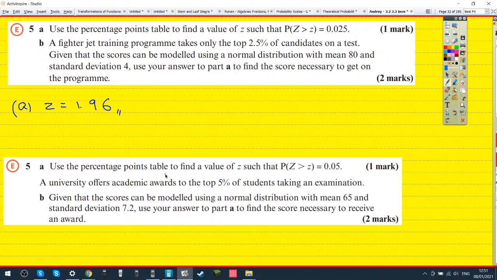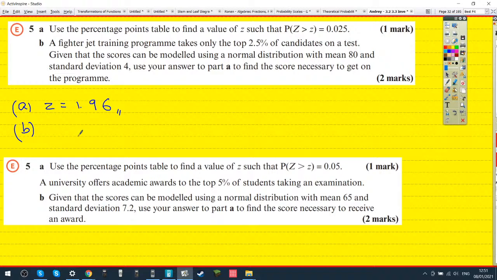Great. Part B. Right. So we know that Z is 1.96.